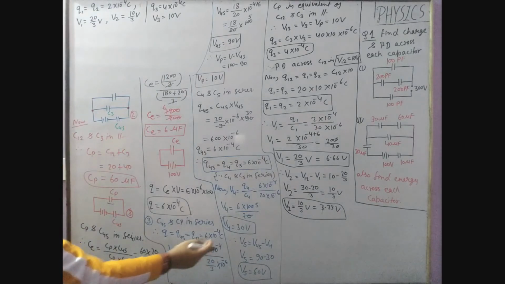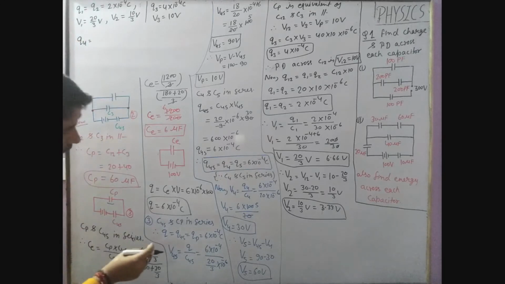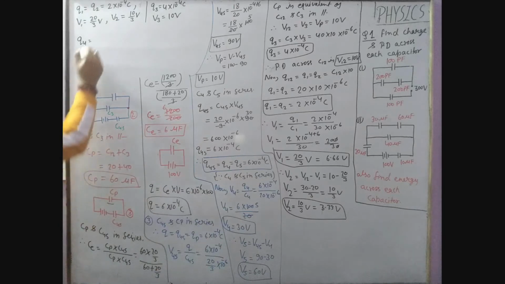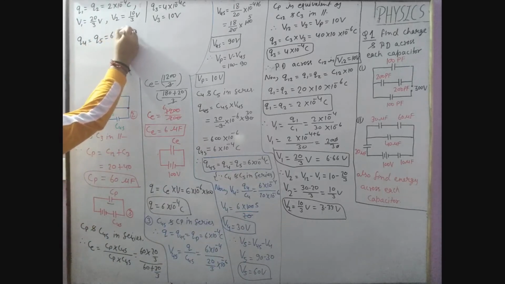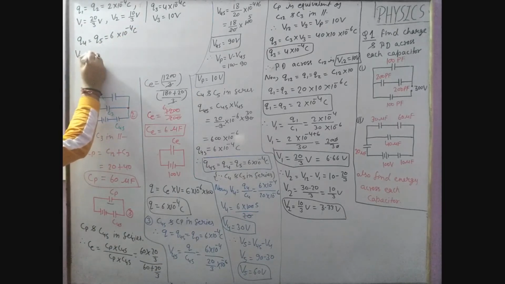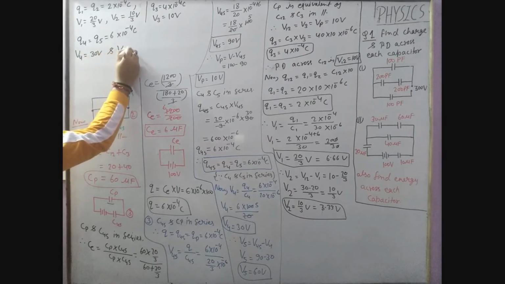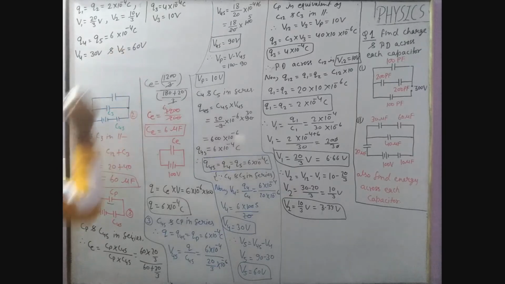Now here Q4, first we have Q4 equal to Q5 equal to 6 into 10 to the power minus 4 coulomb, and V4 we have 30 volt and V5 we have 60 volt.